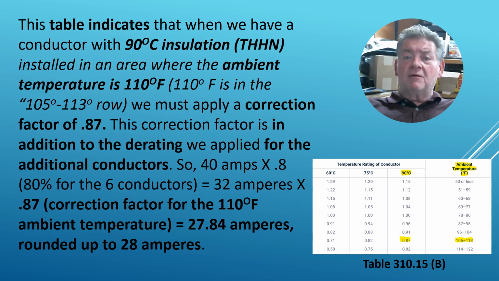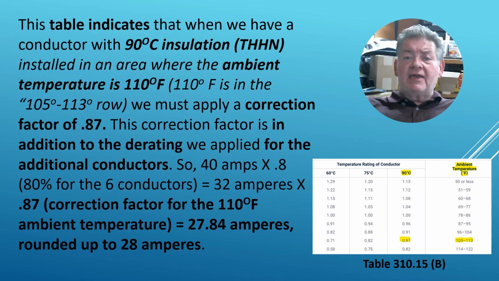Now the fourth column to the right gives us the different ambient or surrounding air temperatures. In our example, our ambient surrounding air temperature was 110 Fahrenheit. We find 110 Fahrenheit falls in the 105 to 113 row.